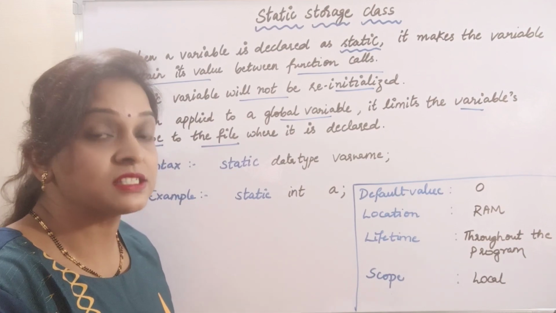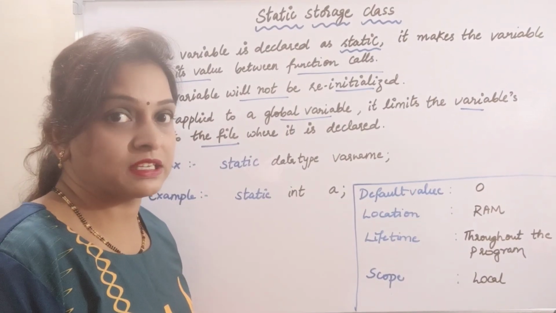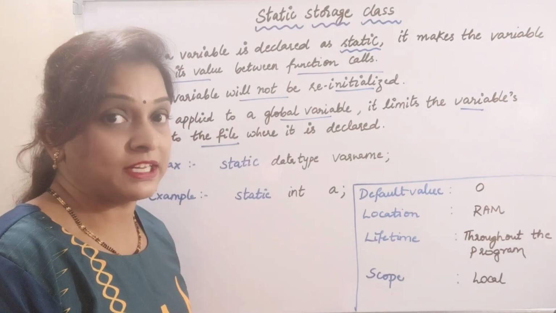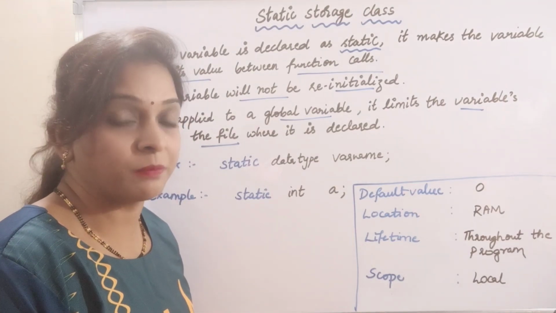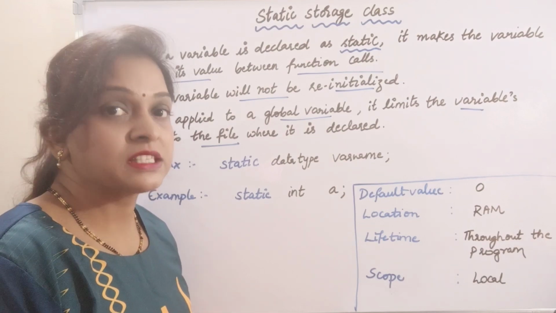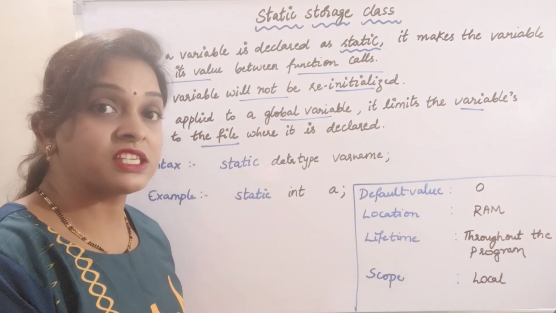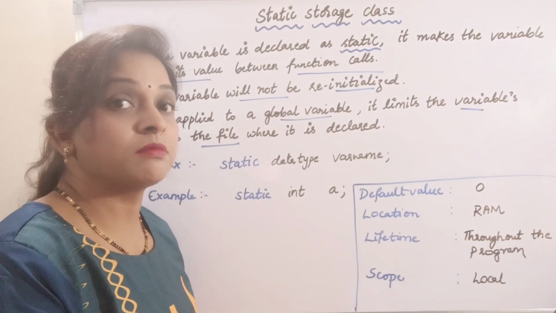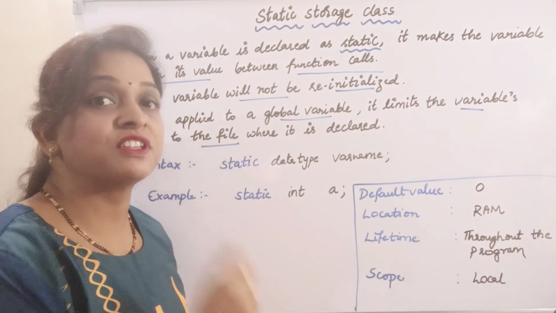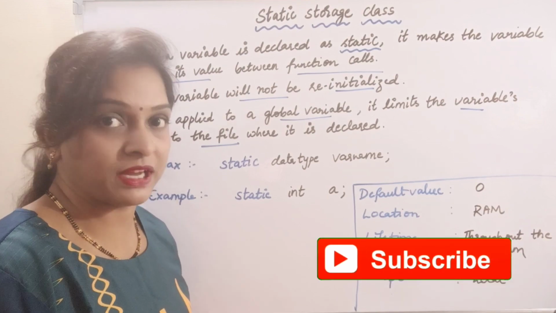I cannot access this static variable among different files, like how we access an extern variable, which is a global variable, among different files. In a project with many files, an extern variable can be accessed in many files, but a static variable's scope is only within one file. It cannot be shared among many files.